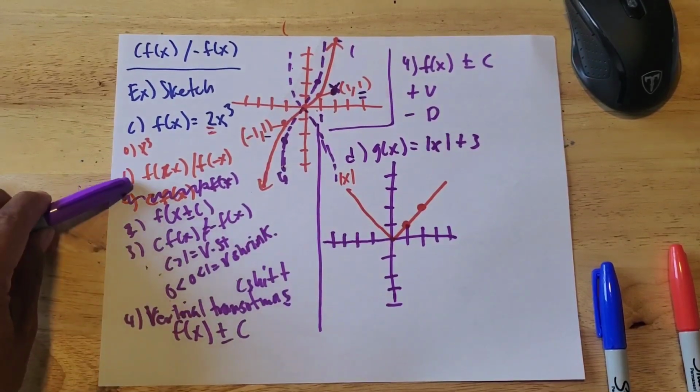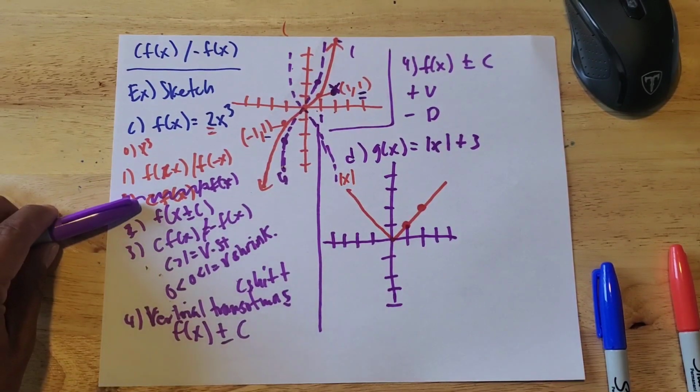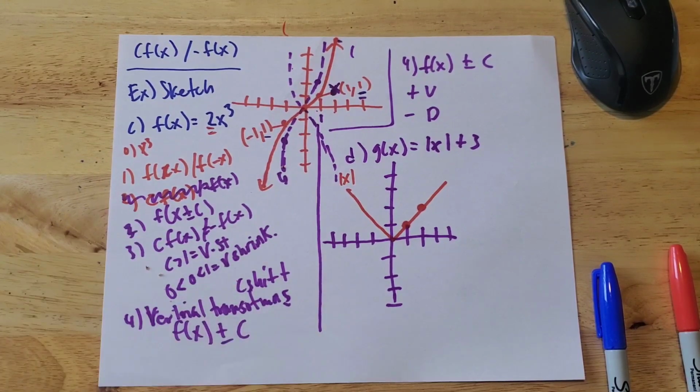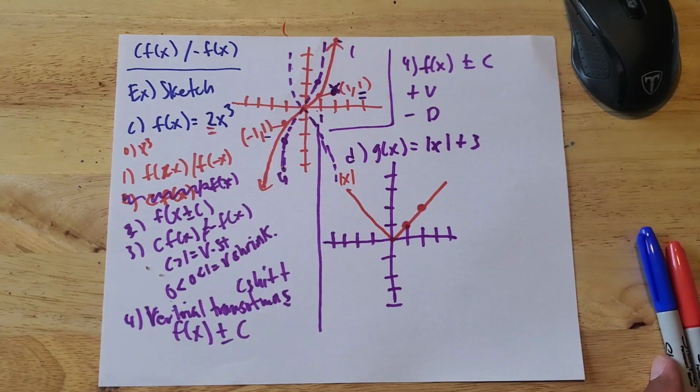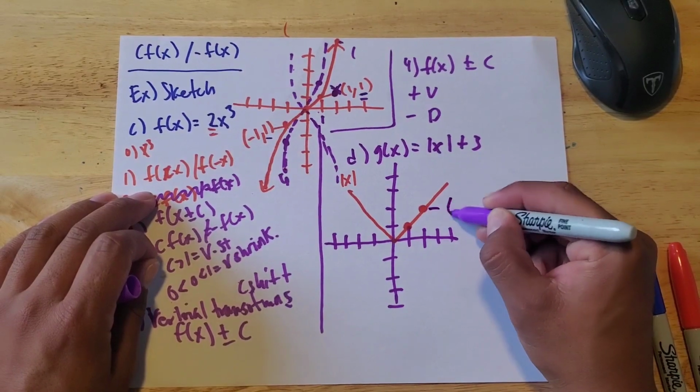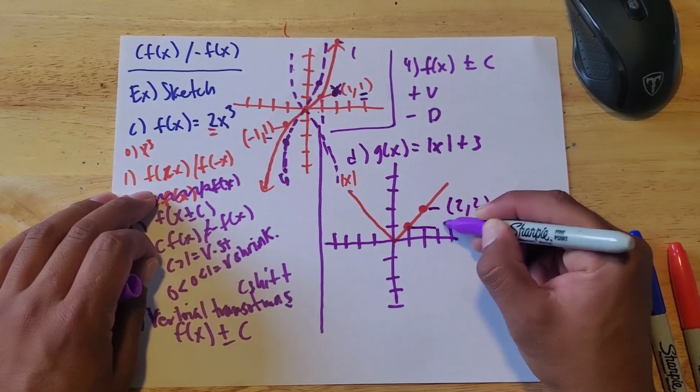So now we have to see first, is anything multiplying to x? No. Is anything adding, subtracting x? No. Is there anything multiplying to y on the outside? No. Now, is there anything adding or subtracting to the y outside? And there is, it's 3. But like I said before, we know these coordinates here. This is 2, 2, and this is 1, 1.